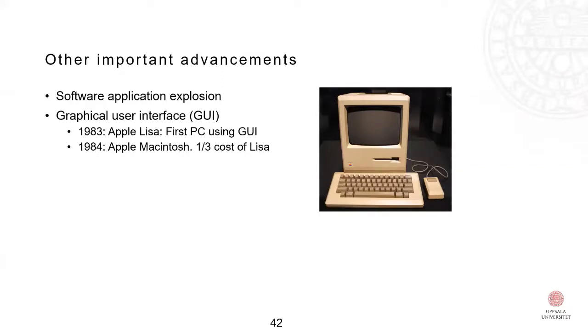And we had the first graphical user interface devices, or GUI for short. Before that, if there were displays, they were not graphical. The Apple computers were the first ones to have GUIs.